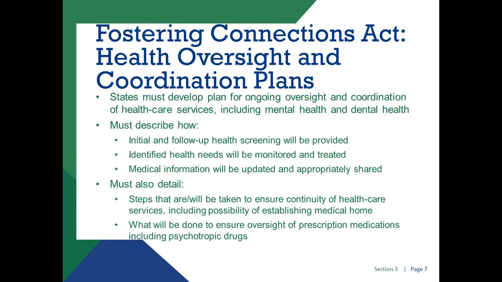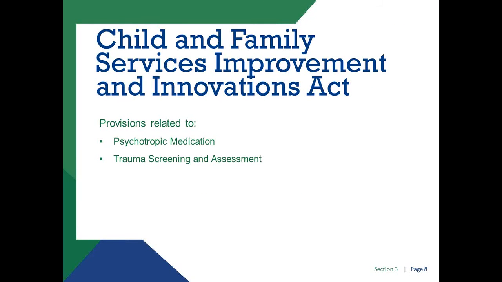So building on the Fostering Connections Act, the Child and Family Services Improvement and Innovations Act required more information in state plans about the appropriate use and monitoring of psychotropic medications and how states will address the trauma associated with abuse and neglect. So the IV-B state plan was already required to have a section on the ongoing oversight and coordination of healthcare services, including the physical, mental health, and dental health for any child in foster care.